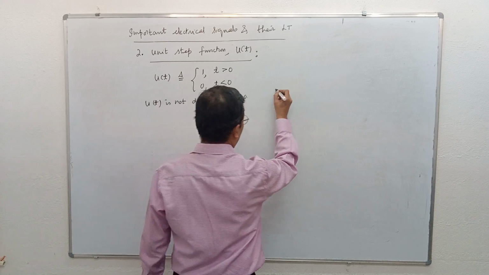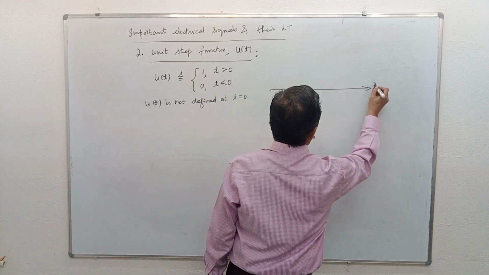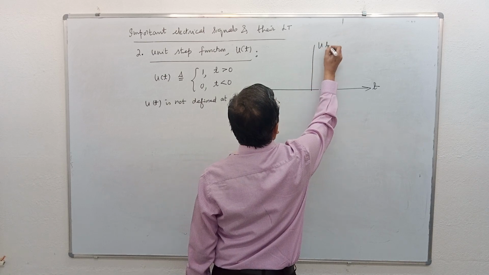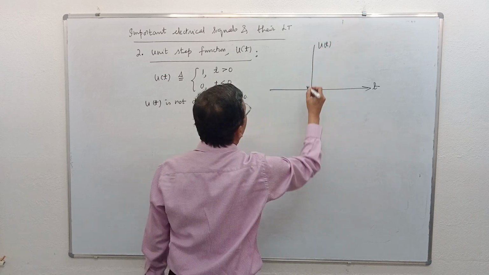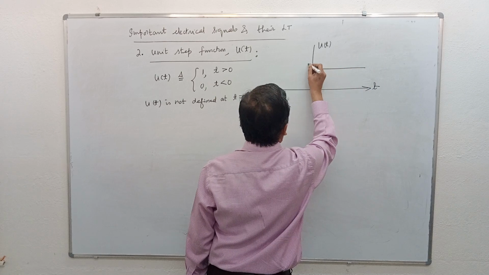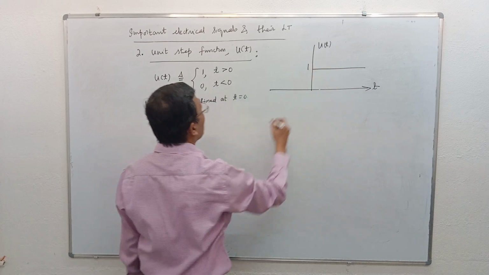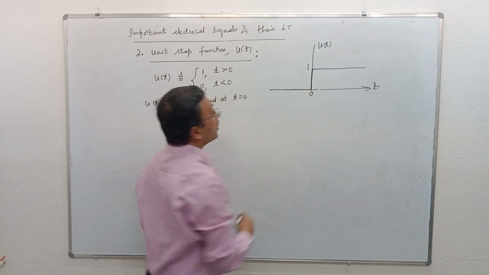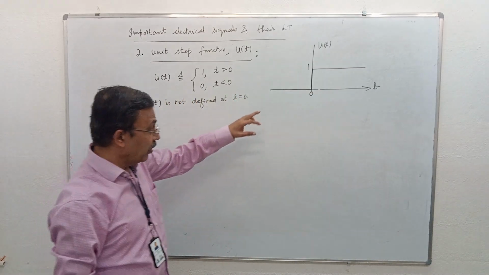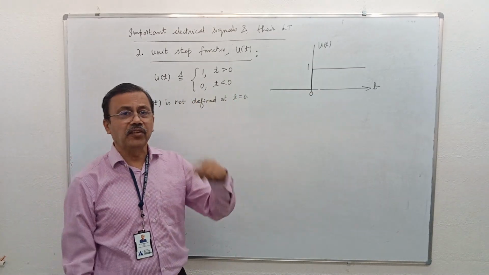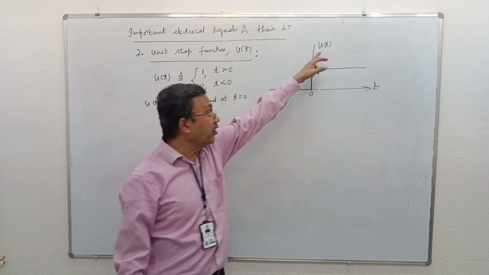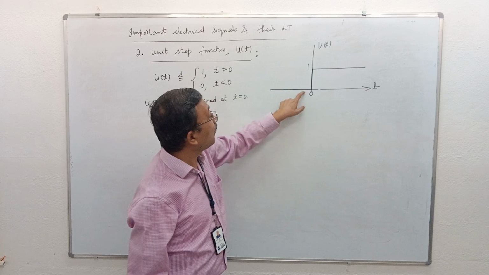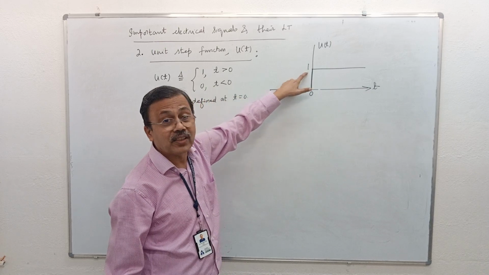Mathematically, you can sketch it in this manner. X-axis represents time, y-axis represents u of t. U of t is 1 for t greater than 0, u of t is 0 for t less than 0. If somebody asks what is the value of u of t at t is equal to 0, you cannot tell, because at t equal to 0 the value is either 0 or 1.